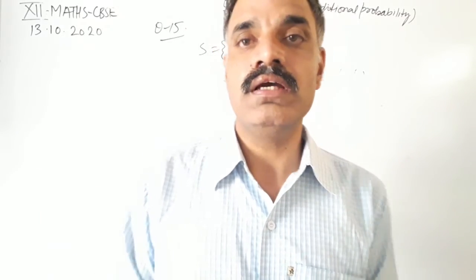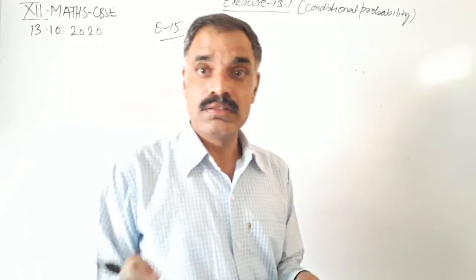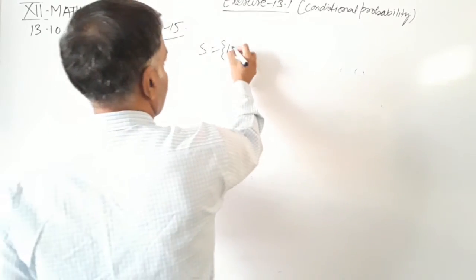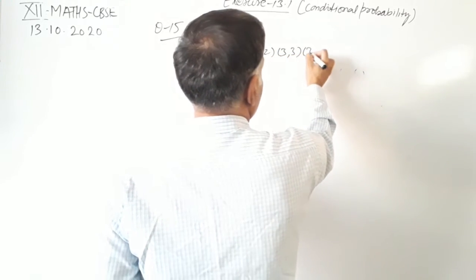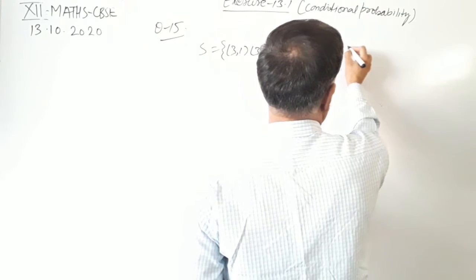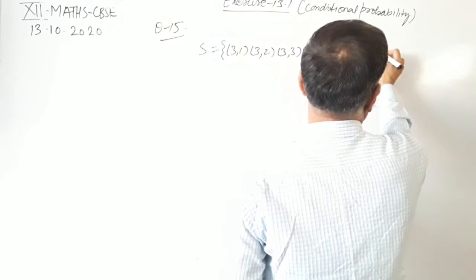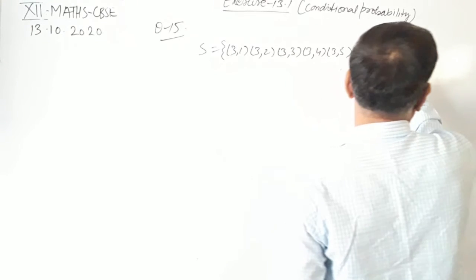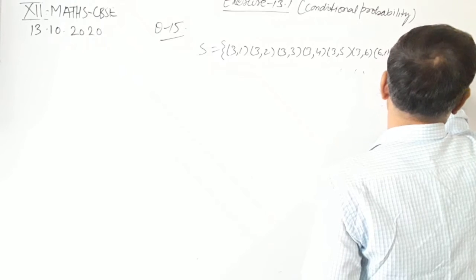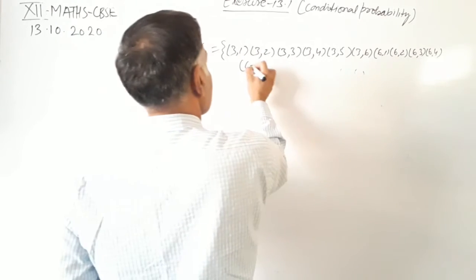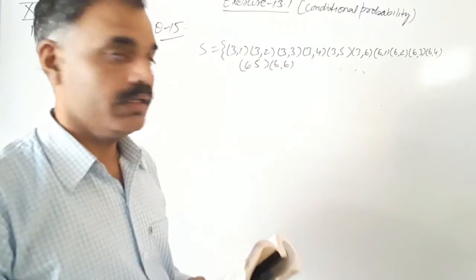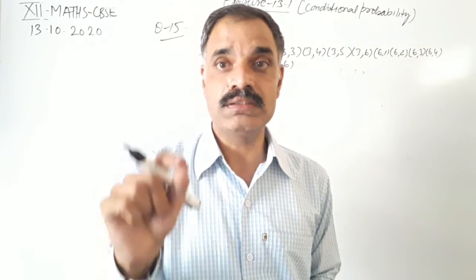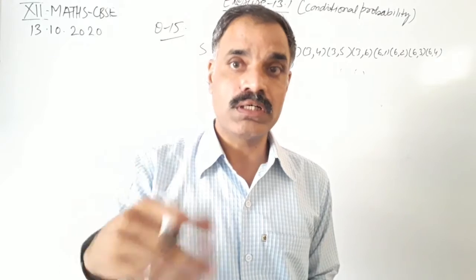So after reading the question, the sample space is 3 1, 3 2, 3 3, 3 4, 3 5, 3 6, 6 1, 6 2, 6 3, 6 4, 6 5, 6 6. When a multiple of 3 comes up, throw the die again.